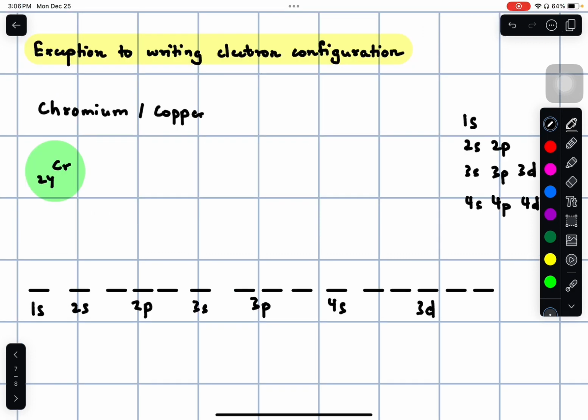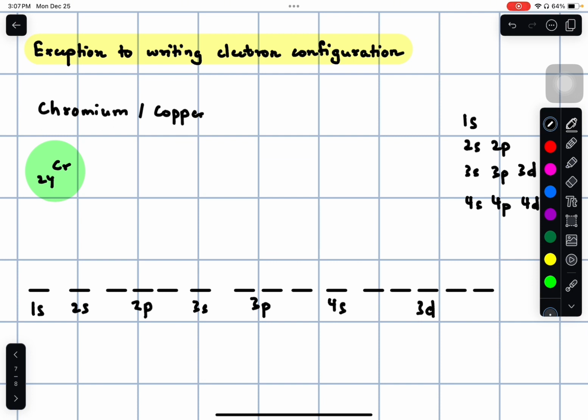We learned about Aufbau's principle and Hund's rule to fill in electron configuration. But there are two elements in A levels which are exceptions to that rule, and we're going to take a look at it.